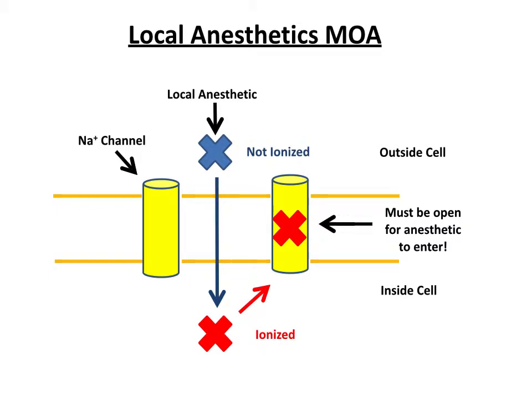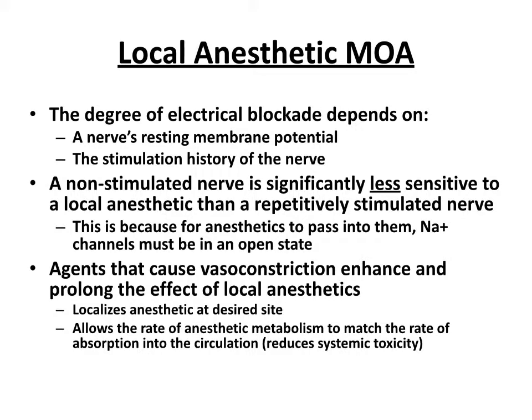What that really means, and this is in a subsequent slide, is that the degree of electrical blockade you get with a local anesthetic depends a bit on the nerve's resting membrane potential and the stimulation history of the nerve. So the more stimulated a nerve gets in the presence of local anesthetics, the faster that nerve is going to be blocked, because more of those sodium channels are going to be open.